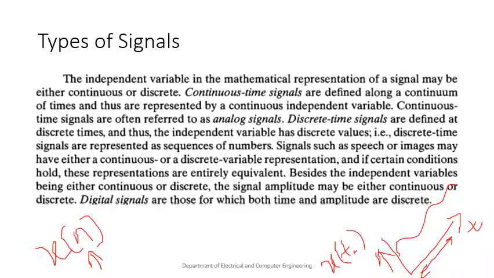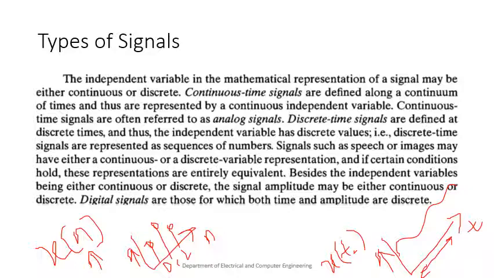So n is a number. In this case we have samples 0, 1, 2. So these are discrete values. However, the y-axis will be continuous. So you got the basic difference between continuous and discrete.